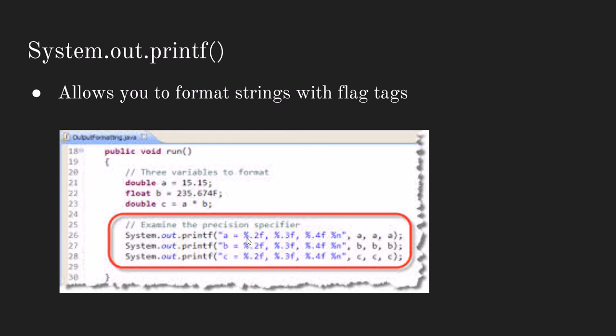You would put the percent sign and then 0.2f or 0.3f. I know it sounds bizarre right now, but in the meantime, just be aware that there's a third method called System.out.printf, and it also uses commas instead of plus signs, which we'll go over in later topics.